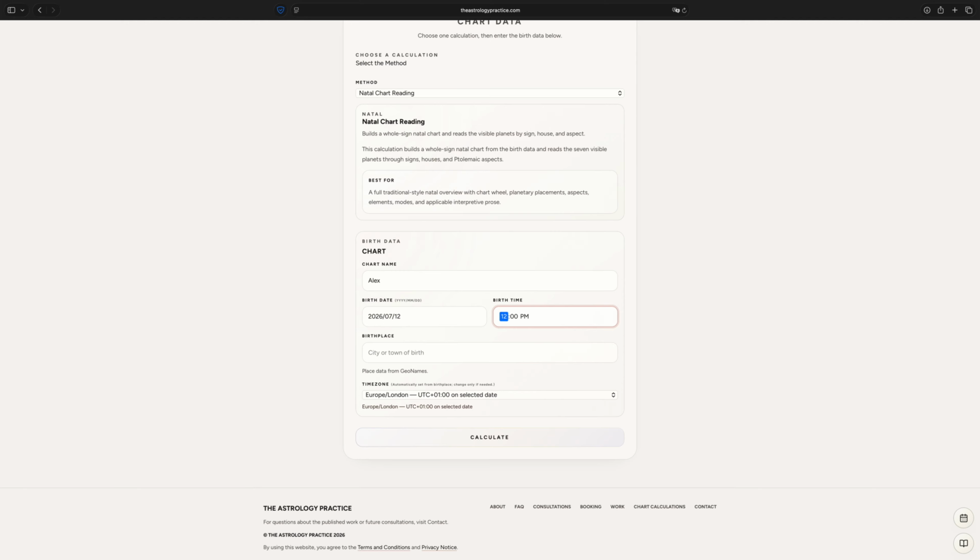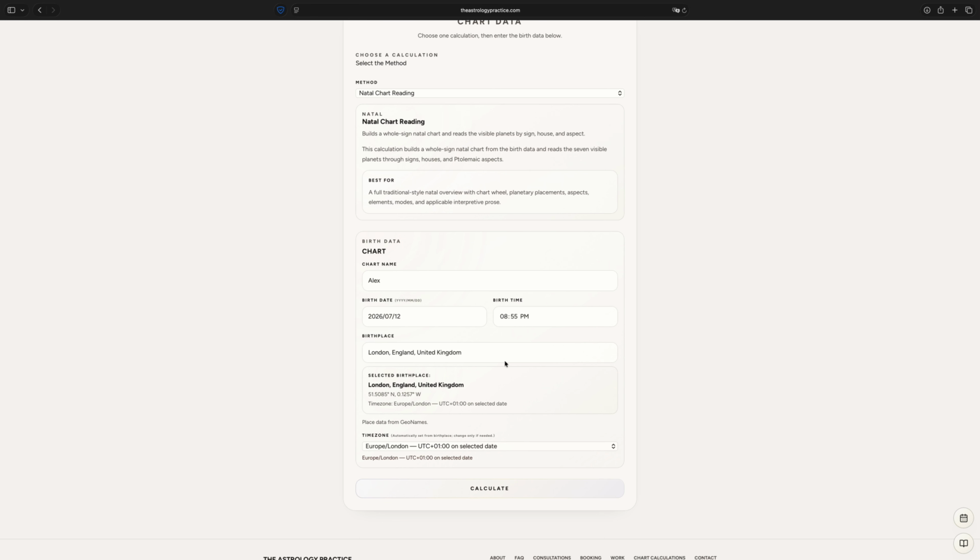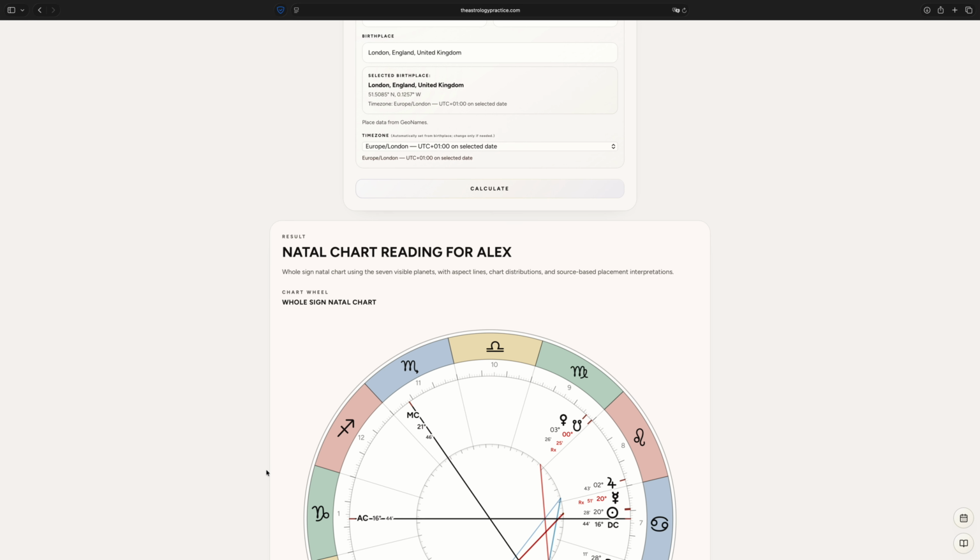The time now is 8:55 p.m. and we are in London. I need to find a way to disable the autofill from Safari. And now we calculate the chart.